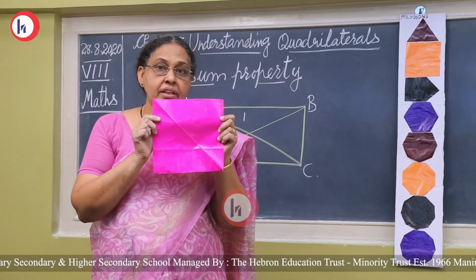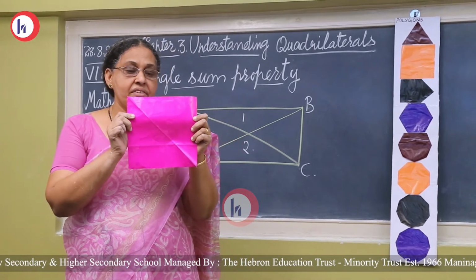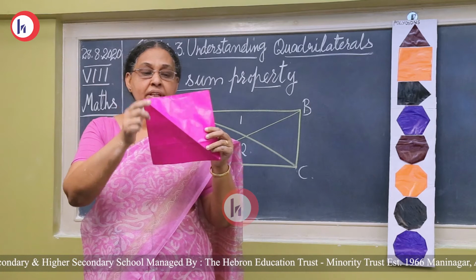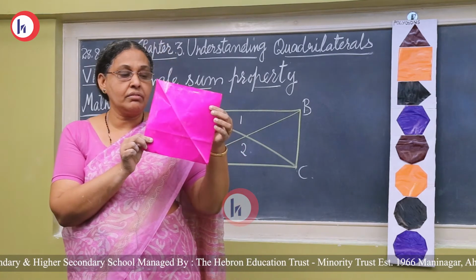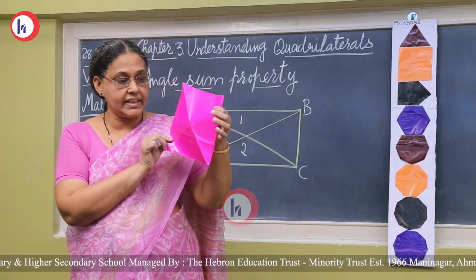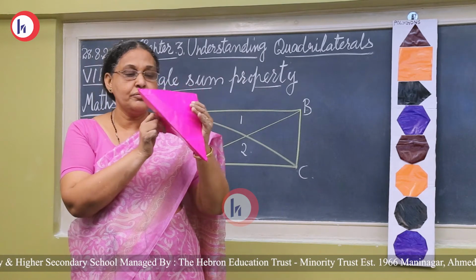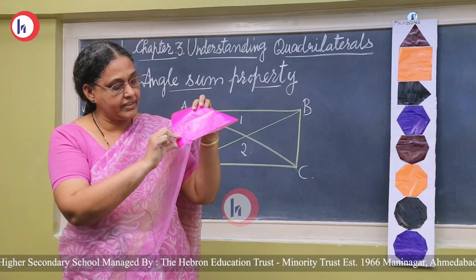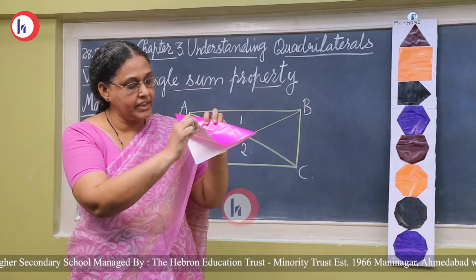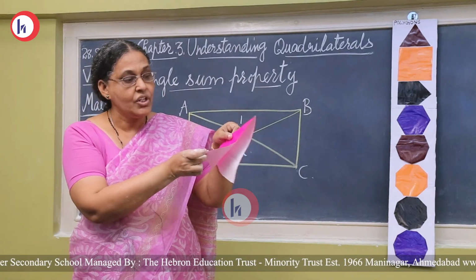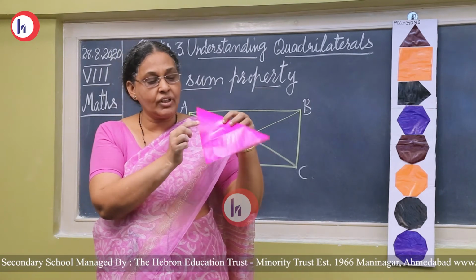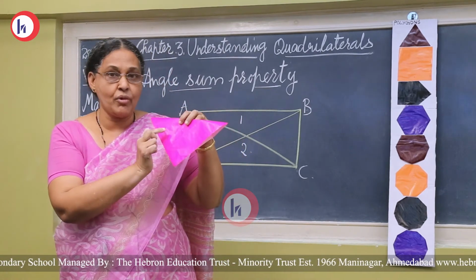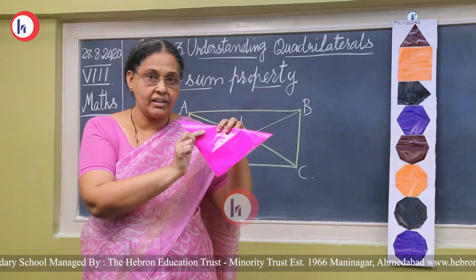Now, when we take this quadrilateral and fold it in this way, you will get that it contains two triangles. One is this and another one is this. So, when you find out the total sum of these two triangles, you will get the total sum of the quadrilateral itself.